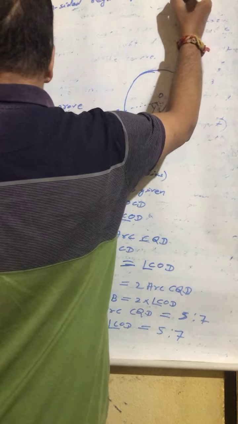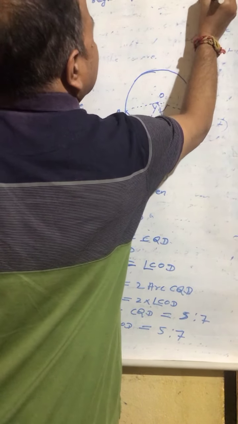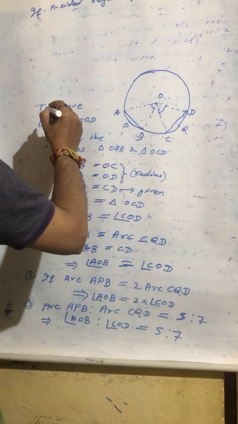What do you mean by inscribed? Inscribed means within the circle.